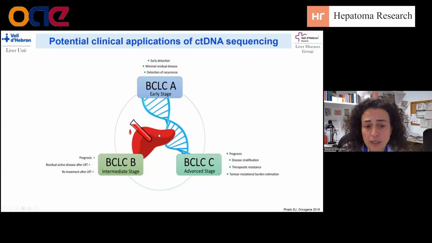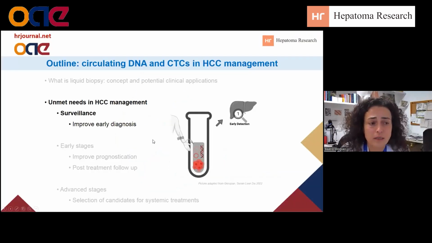And also in the advanced stage, of course, we can differentiate patients with different prognosis. And I think that the most important one probably would be the identification of candidates for particular systemic therapies.